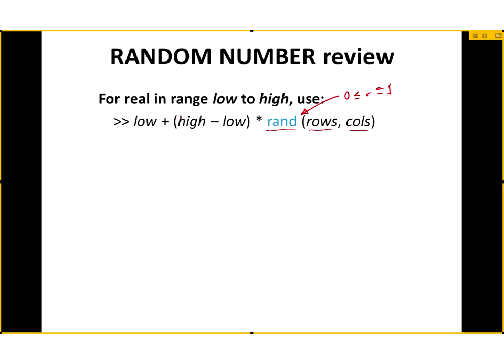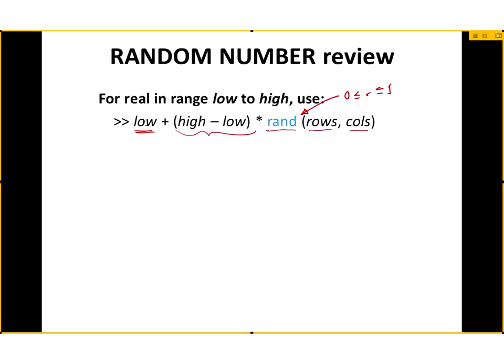And so if we wanted a random number in the range of low to high, you'll remember that we need to multiply our random numbers by the difference between high and low, so the size of that range, and then shift the random numbers up to whatever the low value is. So we've had lots of practice using that.